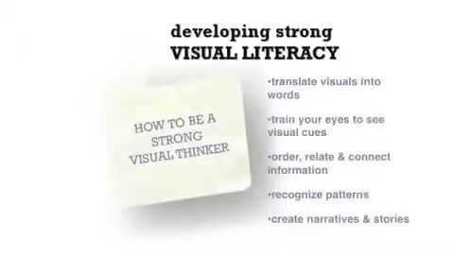We can also train our eyes to see the visual cues. Look for the lines, look for the circle, or look for the shapes, look for the repetition and these types of things. The next thing you can do is order, relate, and connect information from different sources, because the language is universal.